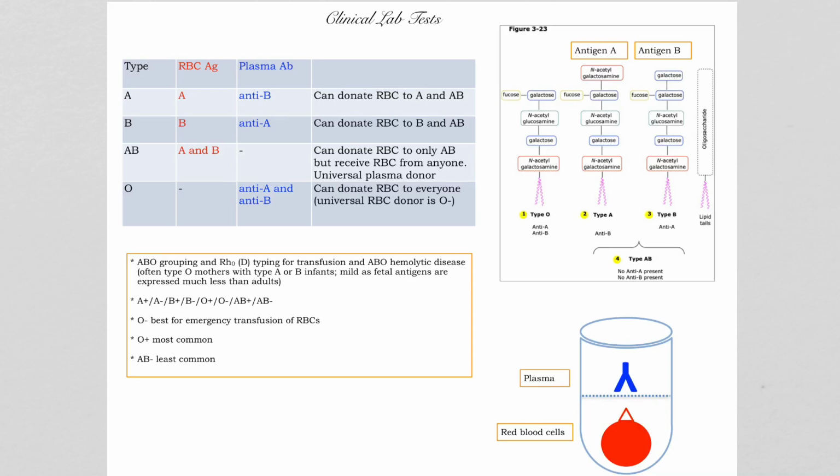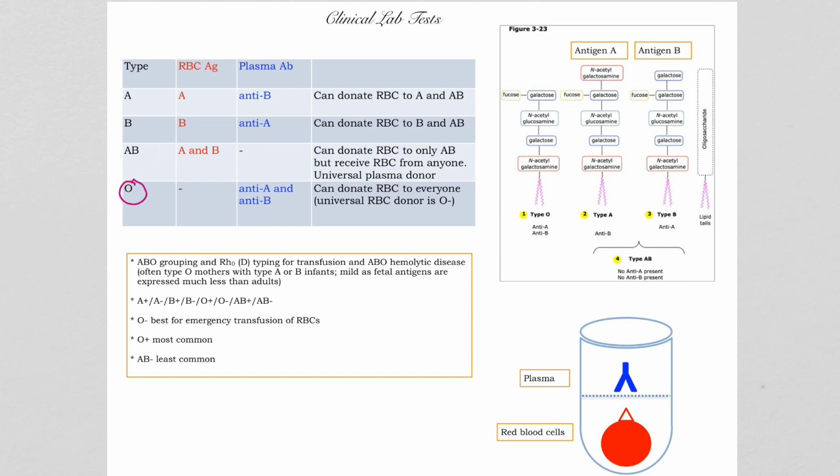Those with type AB can donate their red blood cells only to AB, because AB do not have antibody against A or B. However, because they don't have antibodies, they can donate their plasma to anyone. So type AB is the universal plasma donor.